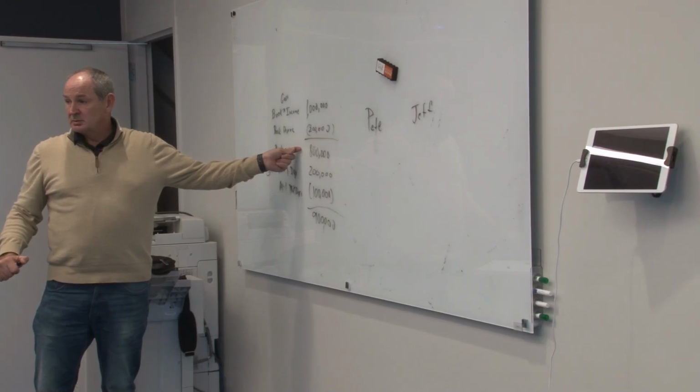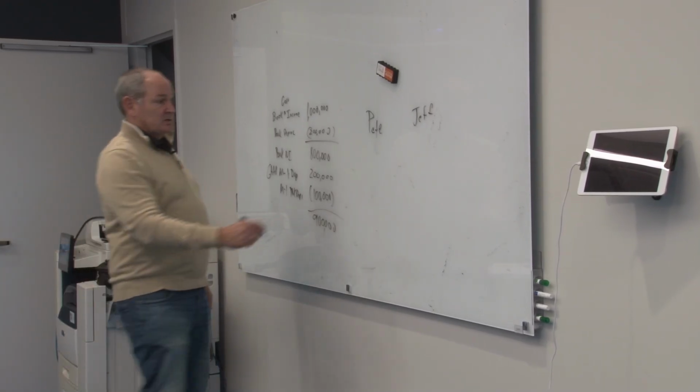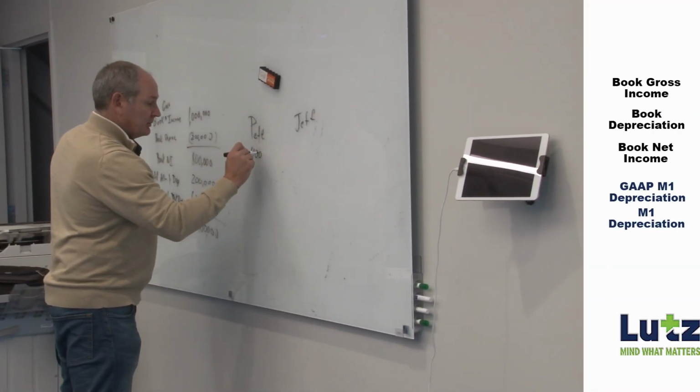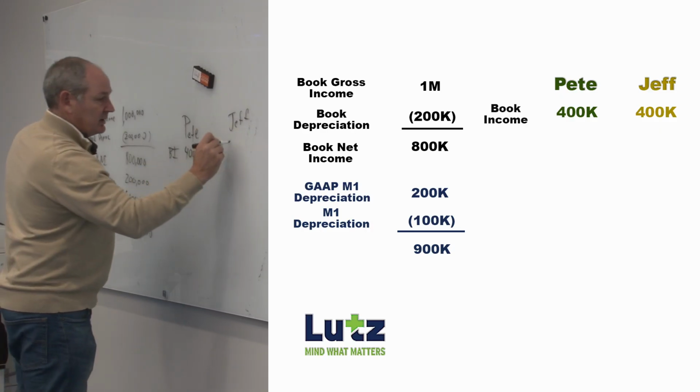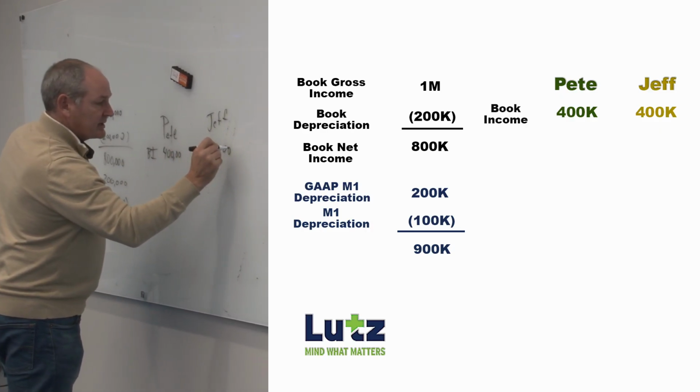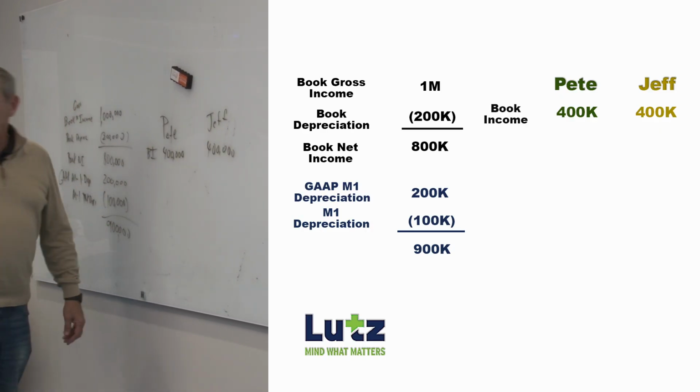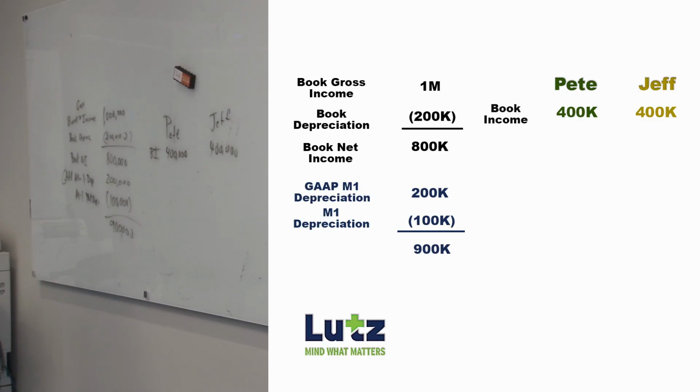So do Pete and Jeff, should they equally share in the net income of the operations? They should. So from a book income perspective, Pete and Jeff should have $400,000 of book income, shouldn't they?